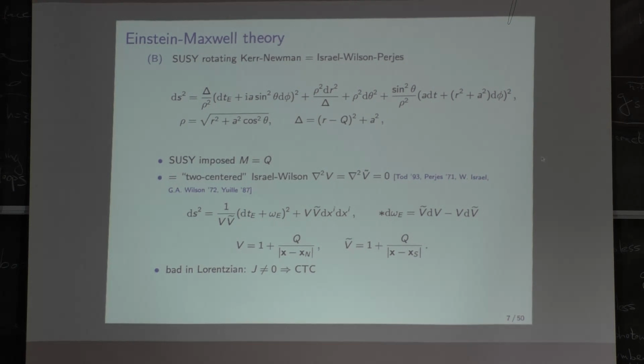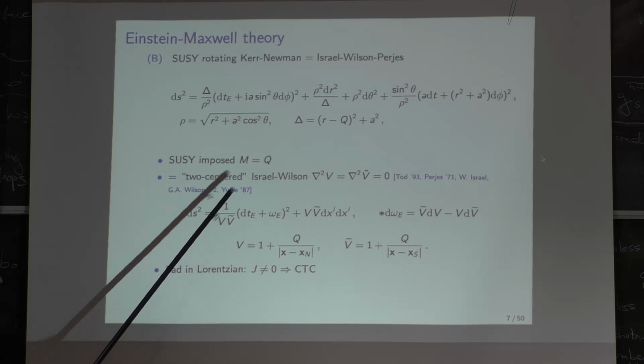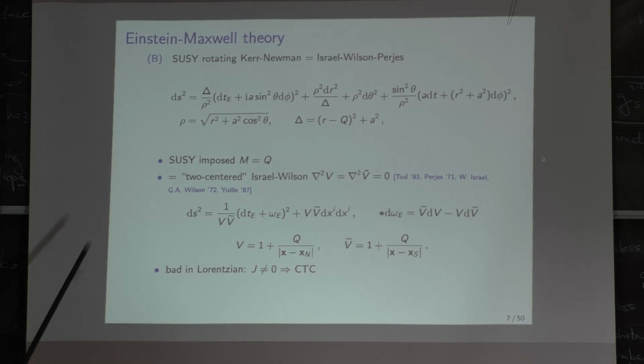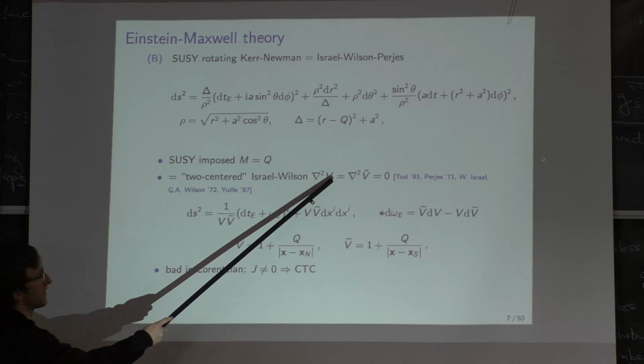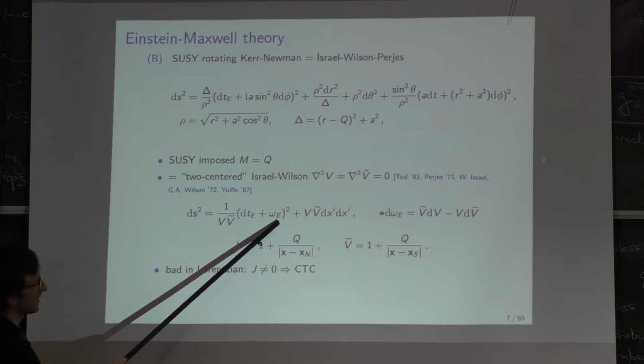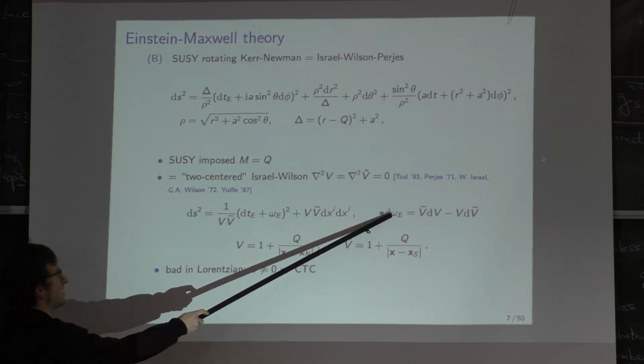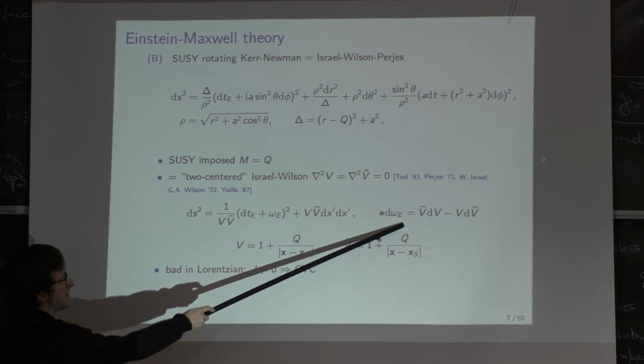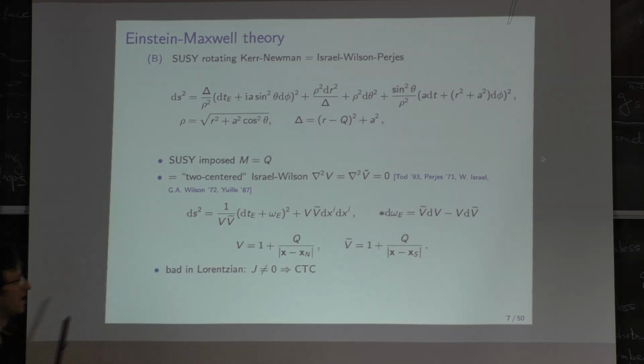Equivalently, this metric can also be written in the form of the so-called Israel-Wilson metric, which, analogously to the Majumdar-Papapetrou metric, is a multi-black hole generalization of the supersymmetric Kerr-Newman black hole. It is described now in terms of two harmonic functions, V and V tilde, and takes the following form, where this one-form field omega E is simply defined through these equations in terms of the harmonic functions.